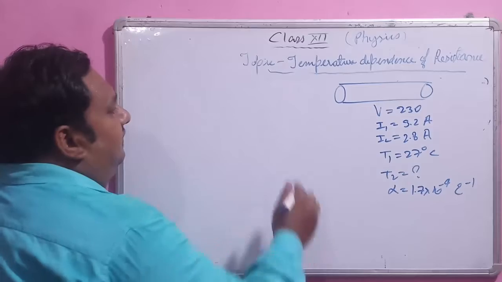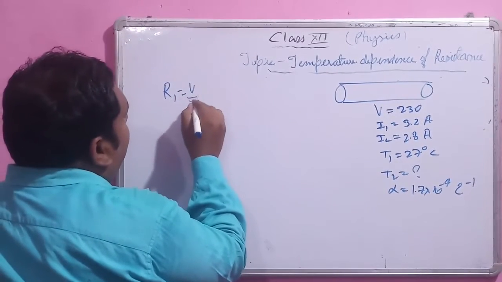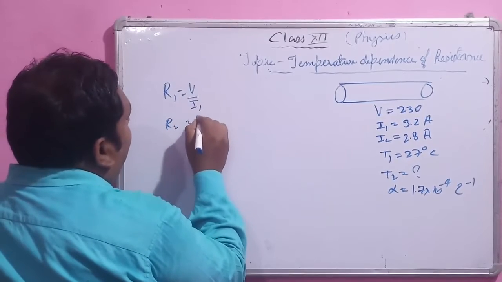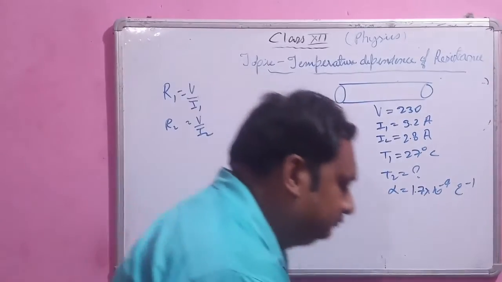Now we know that R1 will be V upon I1, and R2 will be V upon I2. The rest we can easily do.